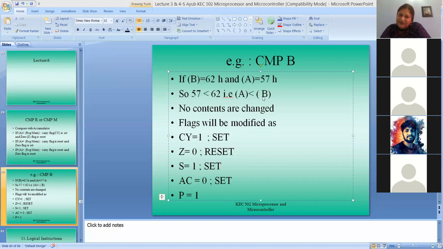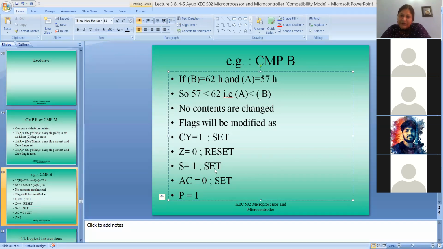But if you are dealing with signed numbers, then all numbers from 80 hex to FF hex are considered negative numbers, because from 80 to FF the D7 bit is 1. Understood? So this is how your sign flag is defined. If you are working with signed numbers, your sign flag follows the D7 bit.